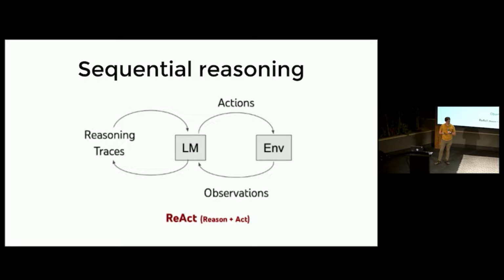In ReAct, the agent produces this distinctive pattern of making an observation, having a thought about that observation, and deciding what action to take as a result of that observation and that thought. It stays in a loop, coming up with thoughts and observations and actions over and over until it achieves the goal or it gives up.